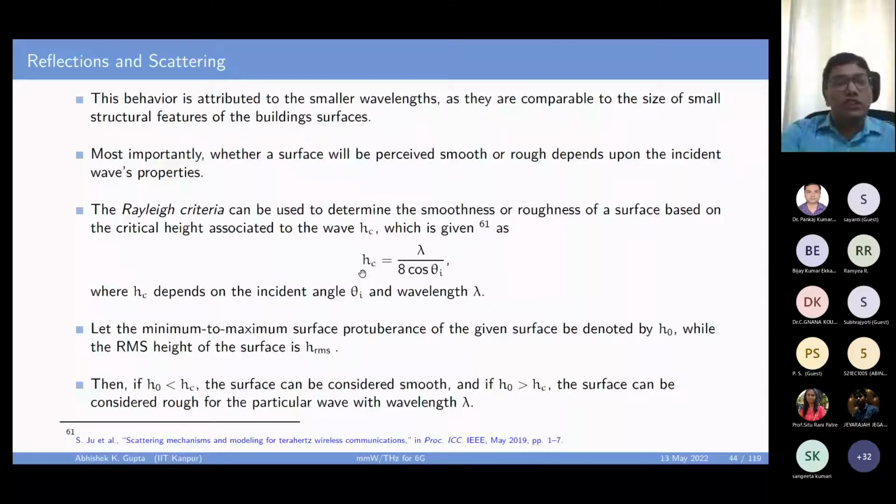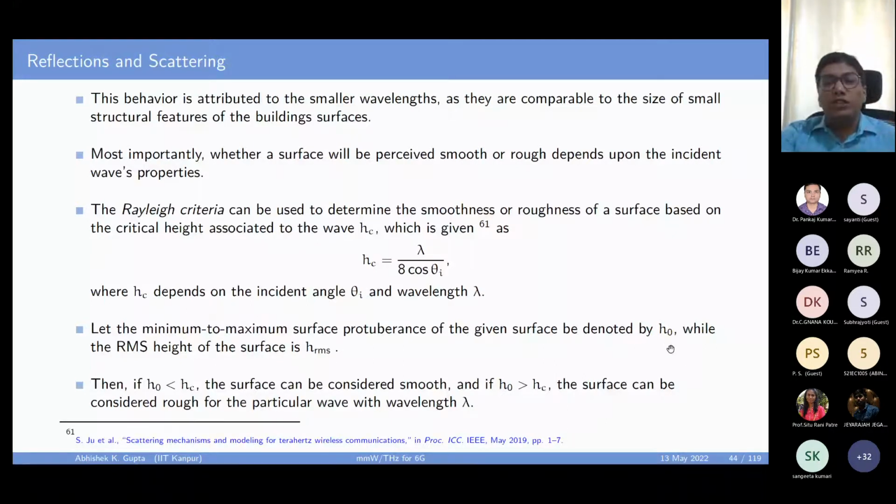Similarly, while Hc is the parameter for the wave, for the surface you have a parameter called H0, the minimum to maximum surface protuberance. We look at how the surface varies, the maximum difference in height, which we denote by H0, and the total variation in height is denoted by H RMS.